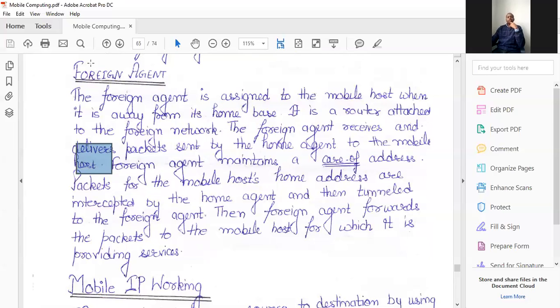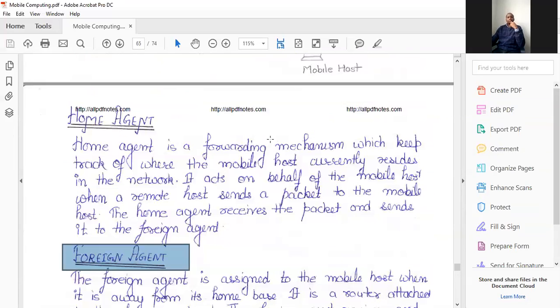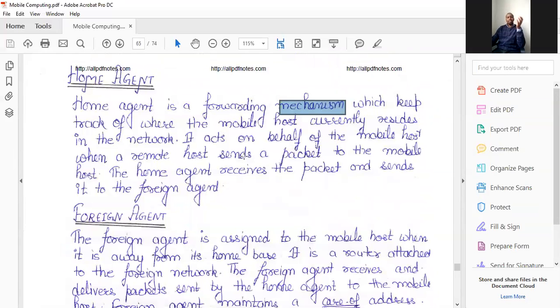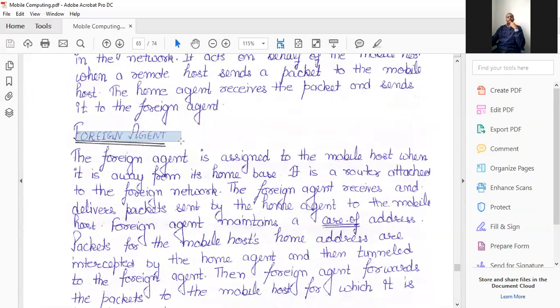Just as a home agent is a mechanism, it can be a physical or a logical mechanism. It can be an algorithm or a device. An algorithm, a way of doing things. A device, it can be a router. A foreign agent also can be an algorithm or a device.